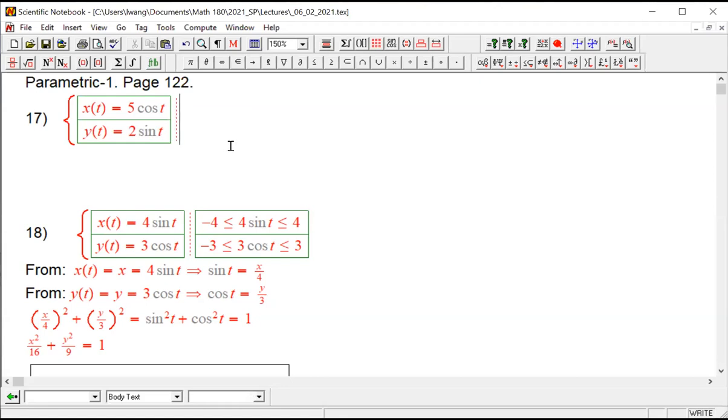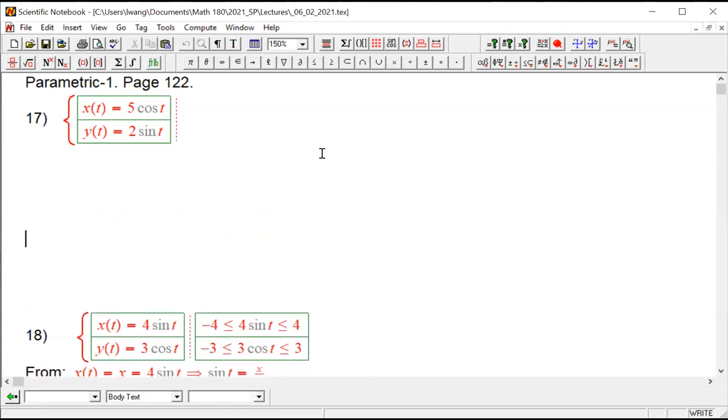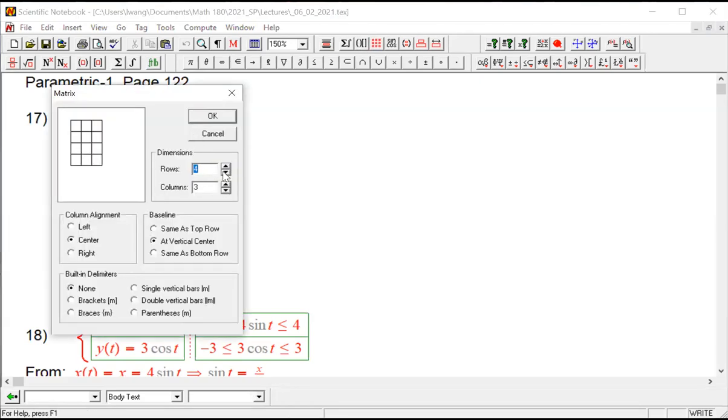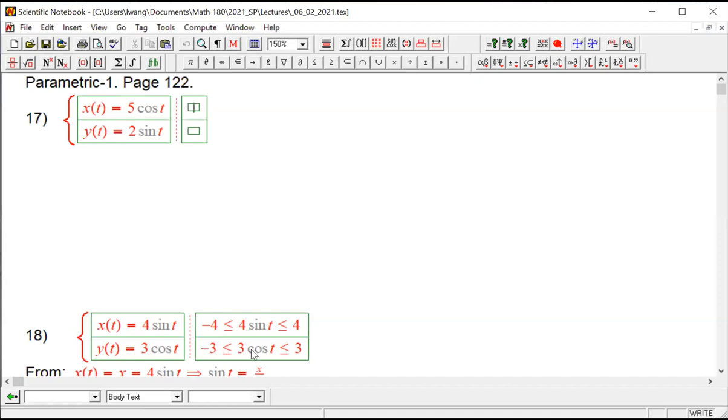And you also see the boundaries, right? You can work this out. You realize the boundary. That's what I always do.